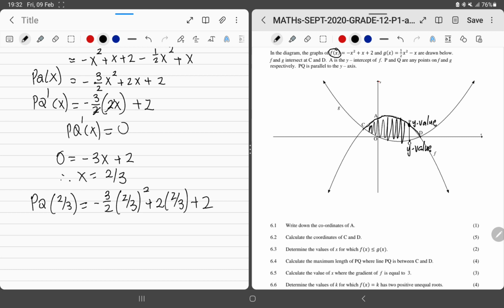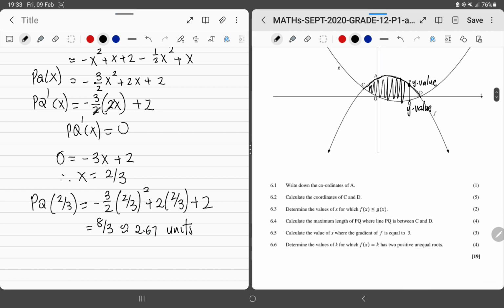Negative 3 over 2, 2 over 3, plus 2 times 2 over 3, plus 2. So I'm getting 8 over 3, which is equal to 2.67 units.